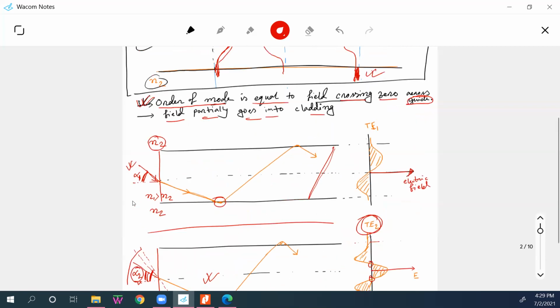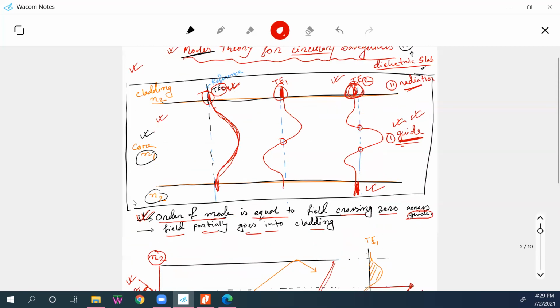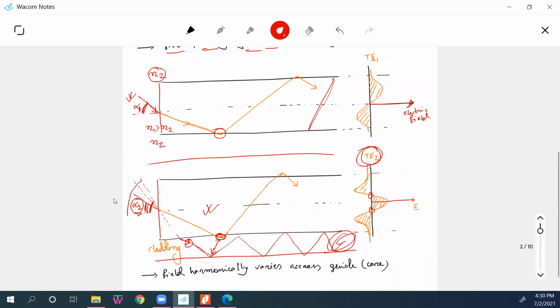What we can summarize between the guiding mode and the radiation mode: guiding mode is preferable, radiation mode is not preferable. In guiding mode, a higher optical power can be carried, but in radiation mode not. If radiation power is increasing, what does it mean? It means this phenomenon is happening, the sharing of power between the cladding and the leakage from the core.